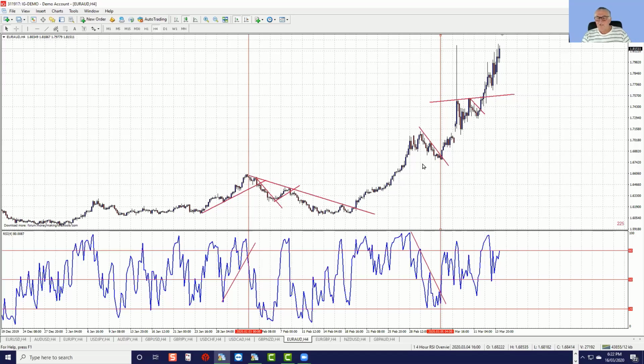You see a concurrent. So you can use indicators to back up your trend line violation. In other words, if there's a divergence on the RSI and there's a trend line violation, the trend line violations will normally occur way in advance of the price. So that's a little tip on trend line violation.